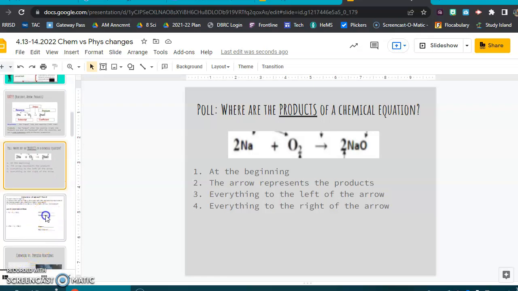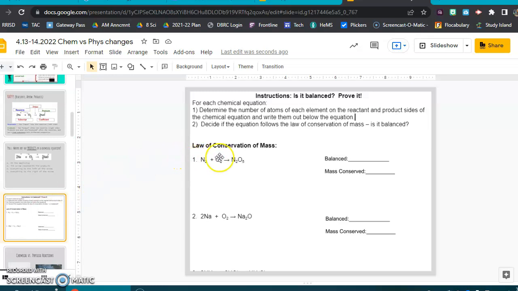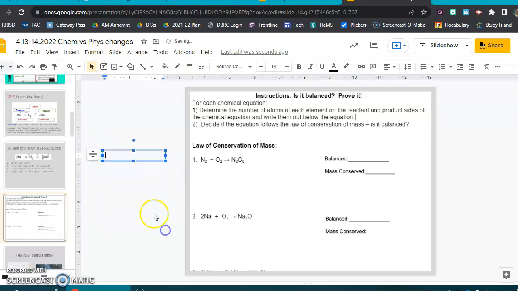All right, and our next slide here is: is it balanced? So we're going to do a little demo here. I'm going to work the first one through with you. So what I'm going to do is make 2 columns, put a plus sign and a bar in here.